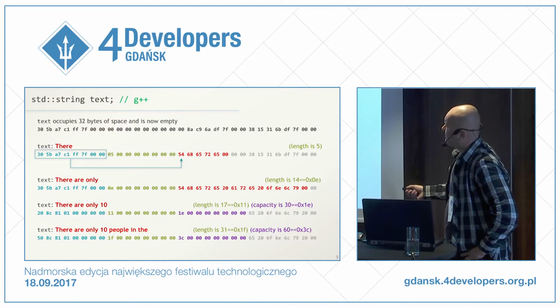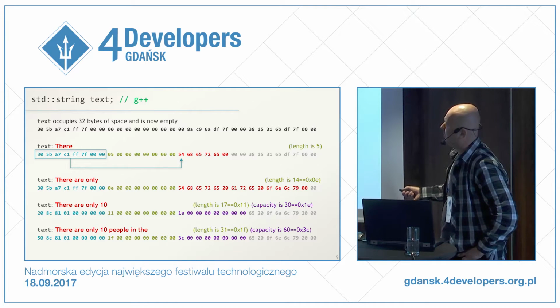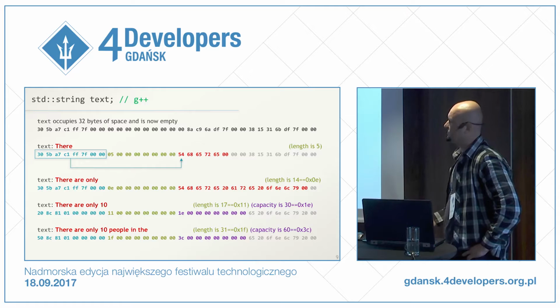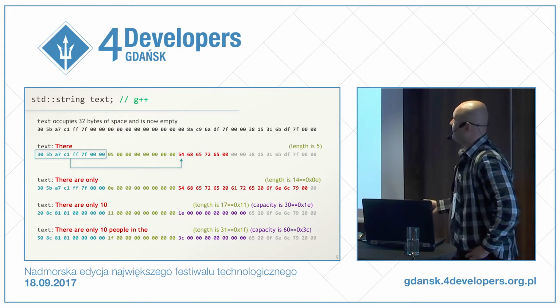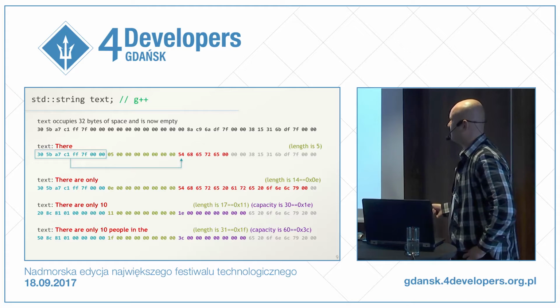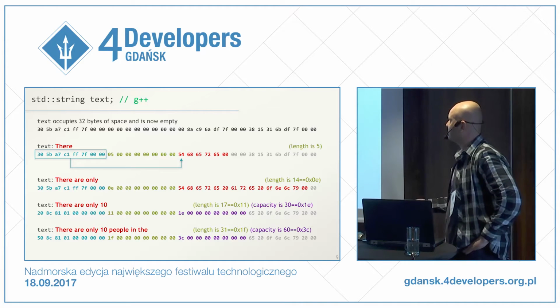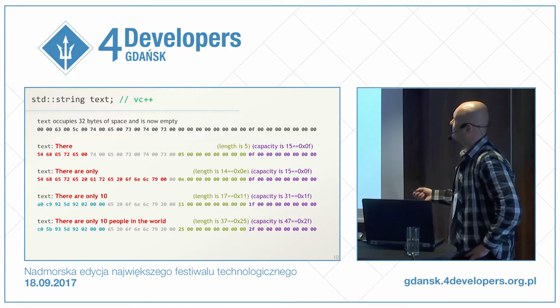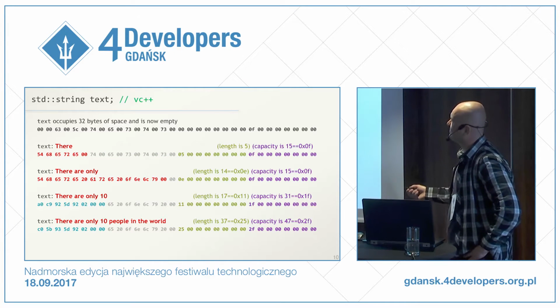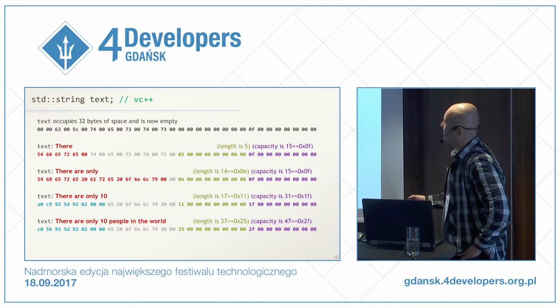The benefit of this approach is that we always have a pointer which points to some data, and we always have the size. The capacity appears only if this is not small string optimization. Regarding Visual Studio, it's somehow similar, but the differences are in the in-place strings.